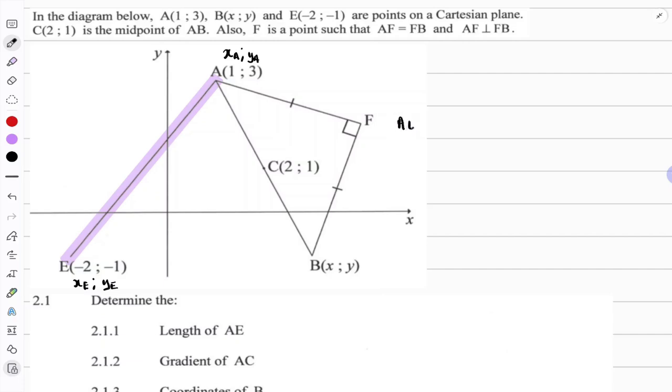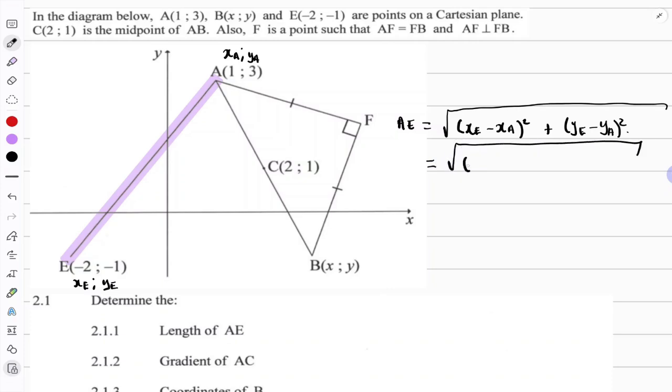Distance AE is equal to the square root of (XE minus XA) squared plus (YE minus YA) squared. So this is equal to the square root of (XE, which is -2, minus XA, which is 1) squared, plus (YE, which is -1, minus 3) the whole squared.